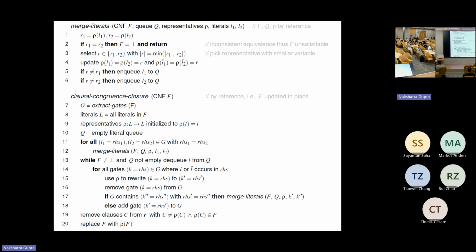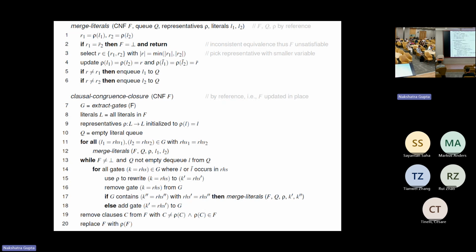And then while the queue is not empty, we take out all the gates we still have which have one of these literals from the queue in the right-hand side, positively or negatively. And now we're rewriting, so this is the substitution part, the right-hand side and the left-hand side according to this representative substitution. It's the same form of substitution we actually saw in Niels' talk.